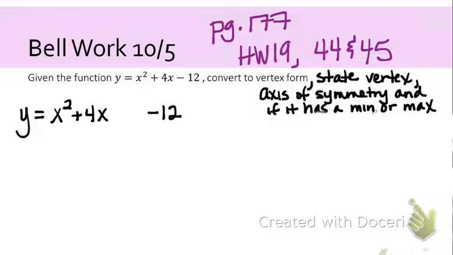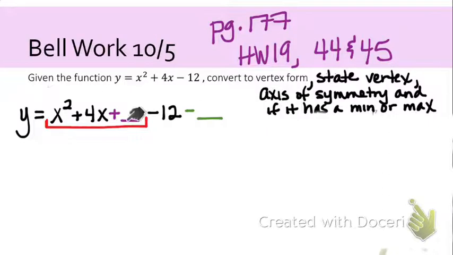Okay, so we need to figure out what number I need to add in order to complete the square. To complete the square, I need to add a number, and then whatever number I add, so I can make sure it's balanced, I need to take it away from that negative 12.